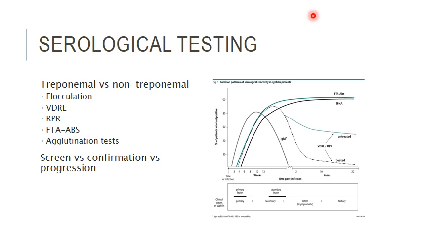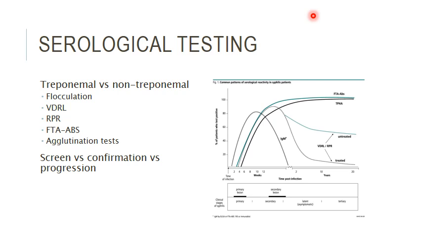Now, flocculation is a test that's really not done anymore, but it is a non-treponemal test. There is a non-treponemal version of it that allows the patient antibody, serum from the patient, to interact with cardiolipin antigen, which is basically RPR reagent minus the charcoal. And this will occur over a narrow range of concentration, and you get a precipitate that forms where the antibody and the antigen are forming a precipitate in the test substrate.